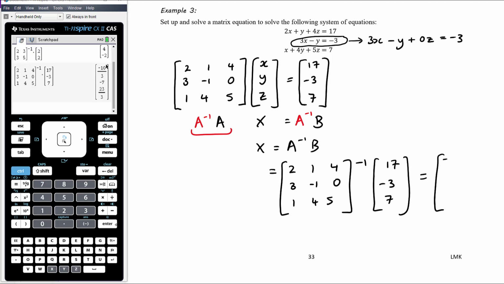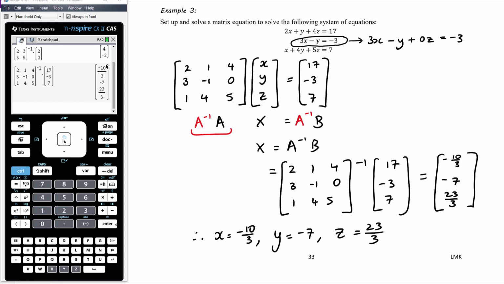Okay, so we get negative 10 on 3, negative 7, so I'm just going to write that a bit more clearly, negative 10 on 3, negative 7, and 23 on 3. And so therefore, x is equal to negative 10 on 3, y is equal to negative 7, and z is equal to 23 on 3.